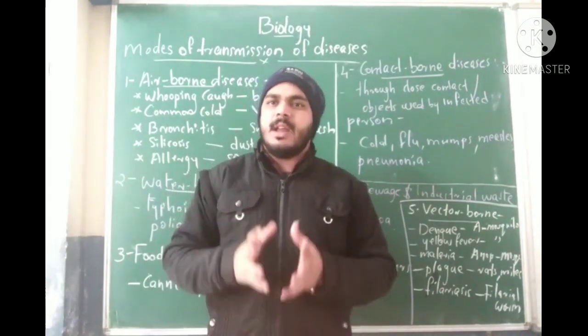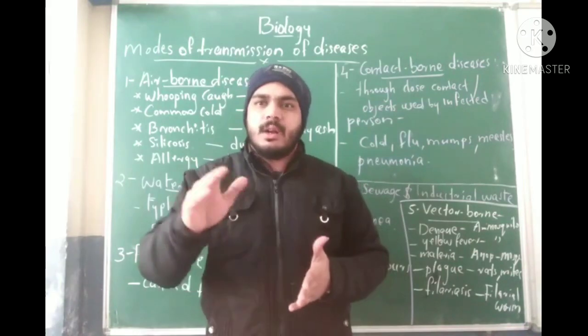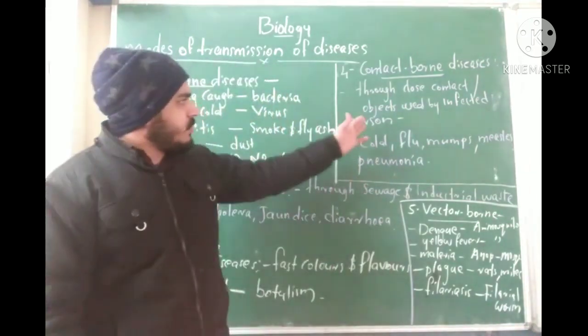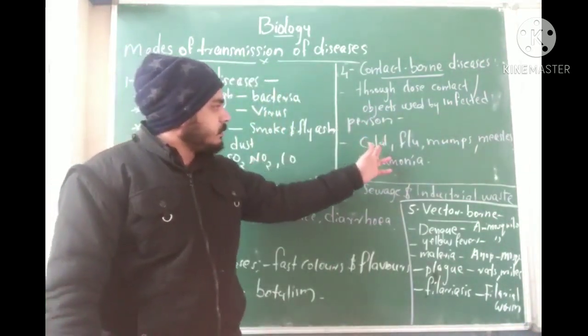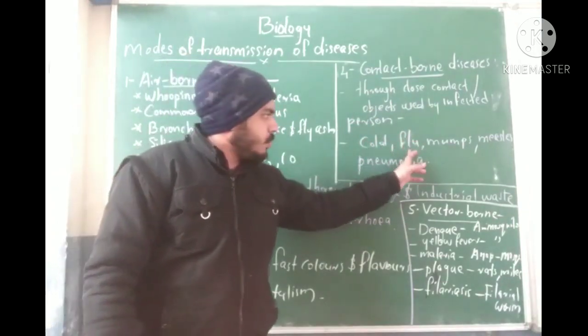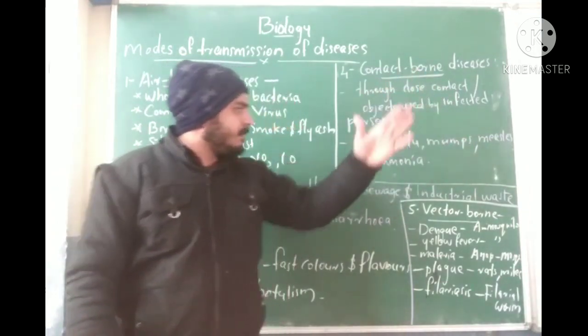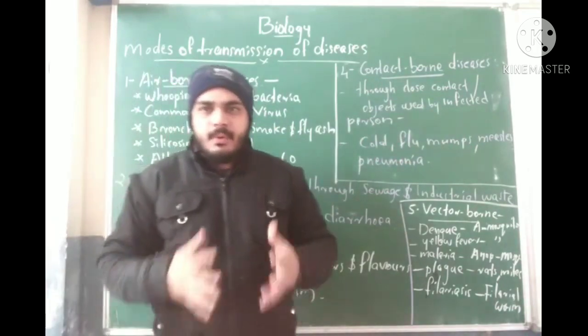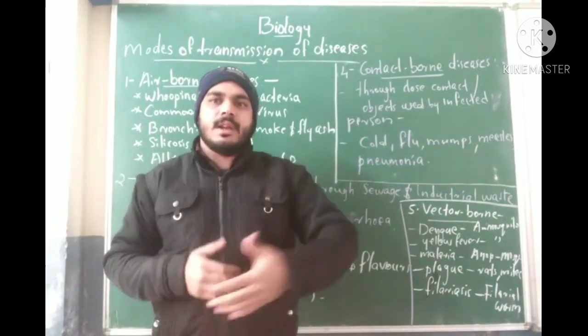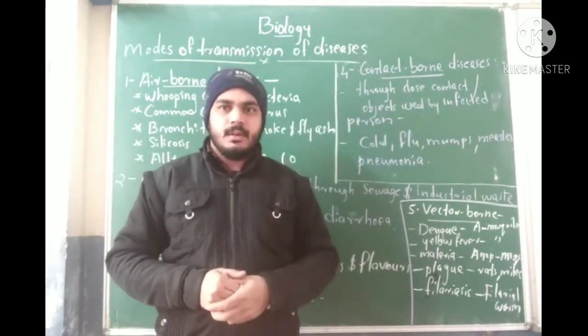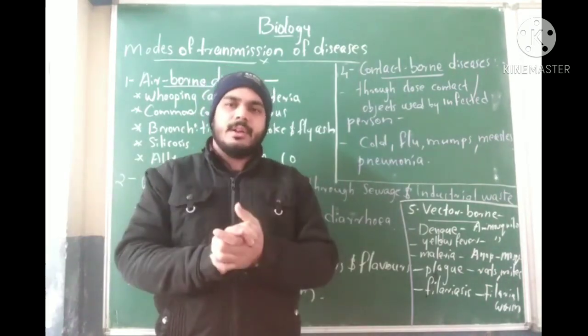So let's see which diseases spread through direct contact. The first ones are cold, flu, mumps, measles and pneumonia. This type of disease spreads through direct contact. There is no need for direct contact also.